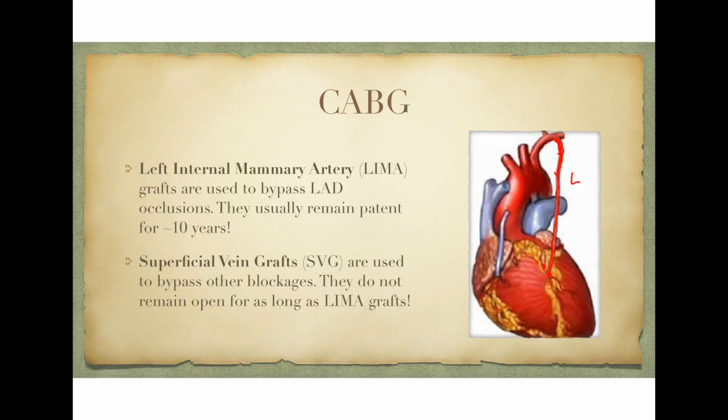So a LIMA graft bypassing an LAD occlusion, very robust graft here. This, on the other hand, is a venous graft, which is why it's colored in blue. It's starting from the aortic arch, and it's bypassing an area of blockage in the right coronary artery over here.